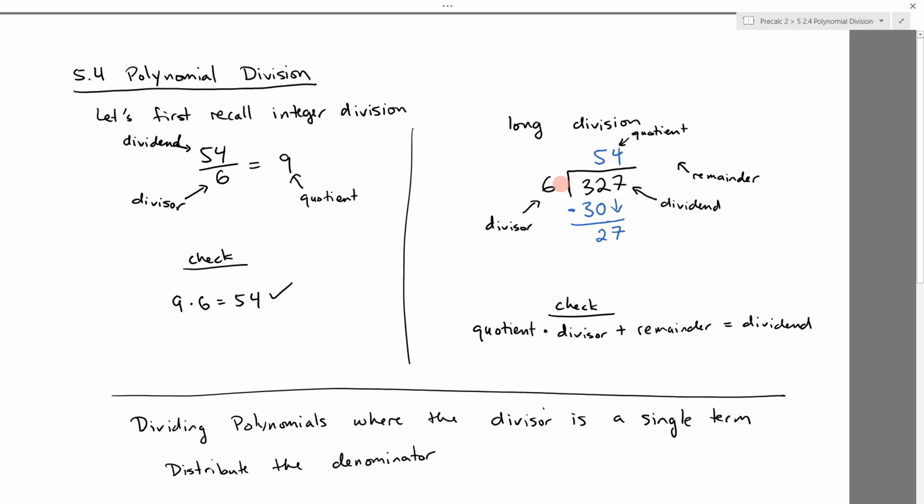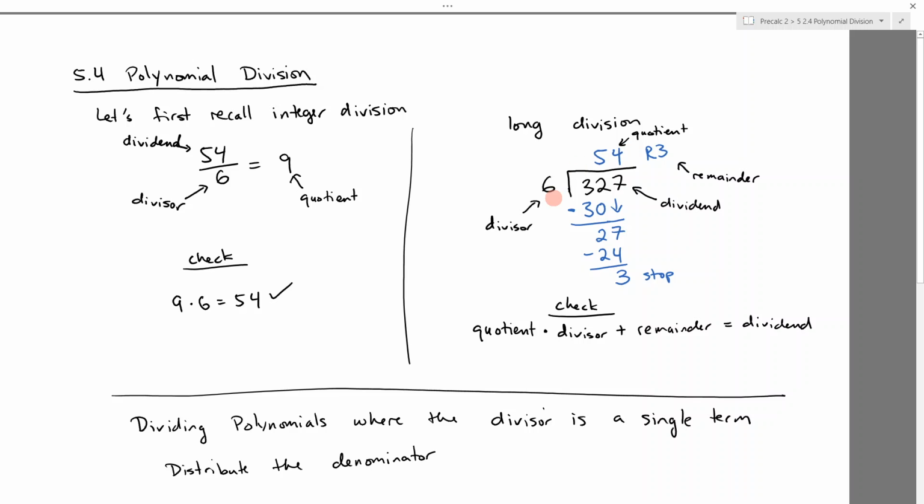Then we multiply again. 4 times 6 gives us 24. We subtract again. The result is 3. Because there's nothing left to bring down, we finish here. And then the number that's left over is called the remainder. Okay, so we get the result 54, remainder 3.